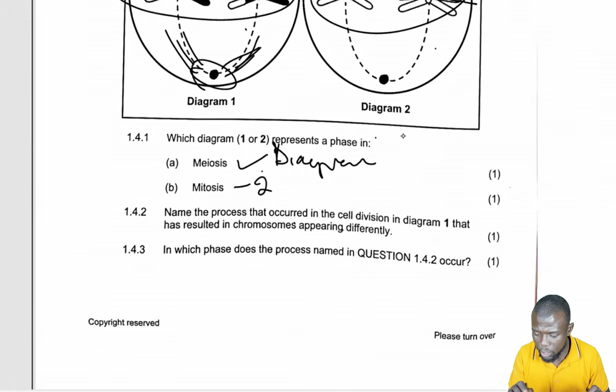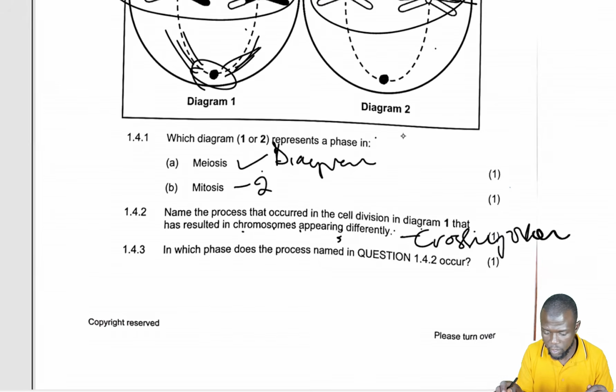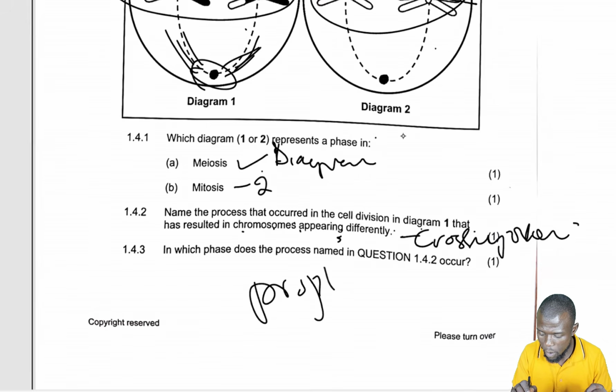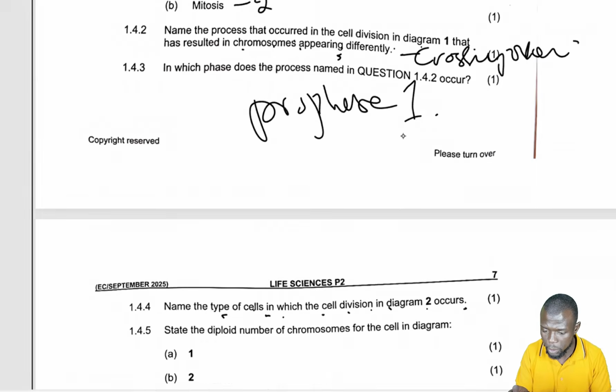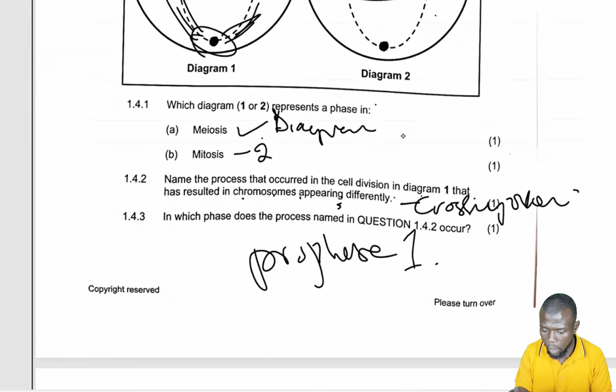Name the process that occurs in the cell division in diagram 1 that resulted in this. You see, it is crossing over. So I will say crossing over. In which phase does the process mentioned above occur? It occurs in prophase 1. Name the type of cells in which the cell division in diagram 2 occurs.